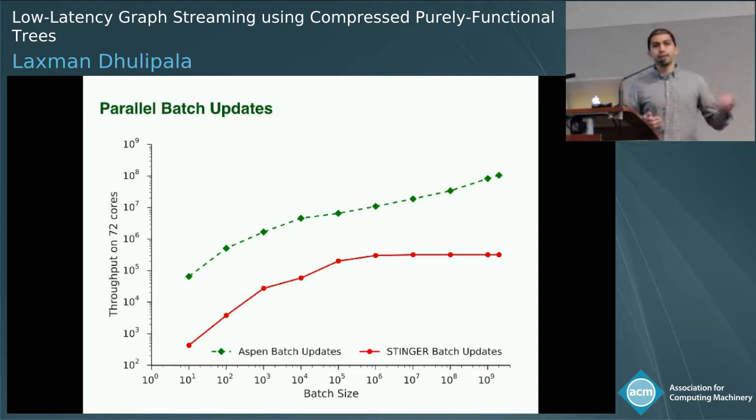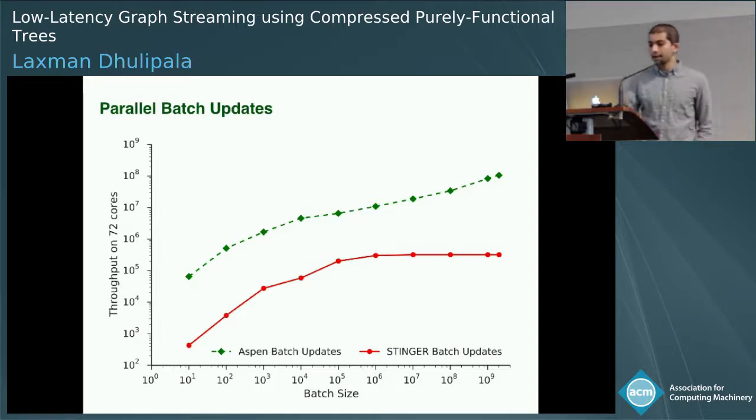In addition to running this single update experiment, we also measured the performance of our data structure when processing large batches of updates in parallel. And the green line shows our update throughput in terms of edges updated per second versus batch size. And we compared our throughput results with Stinger, which is a state-of-the-art shared memory graph streaming system that's available today.